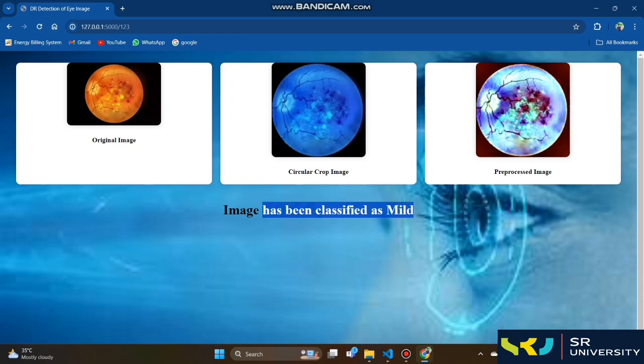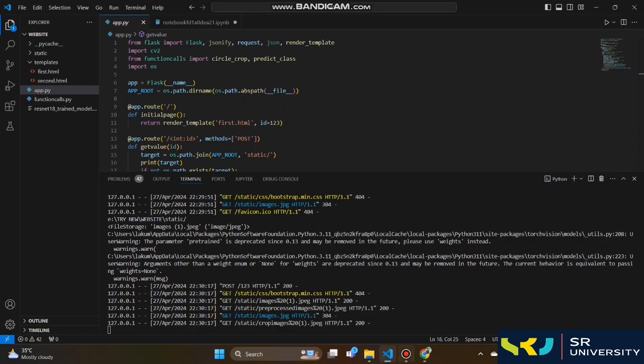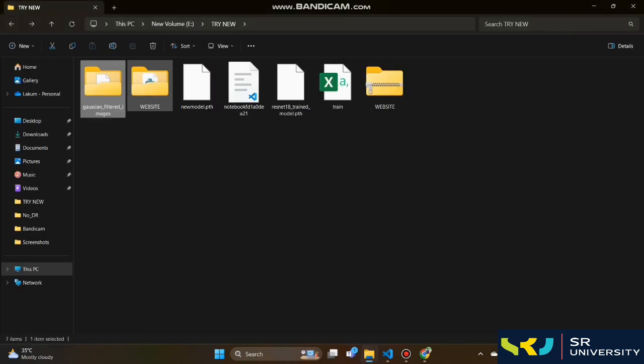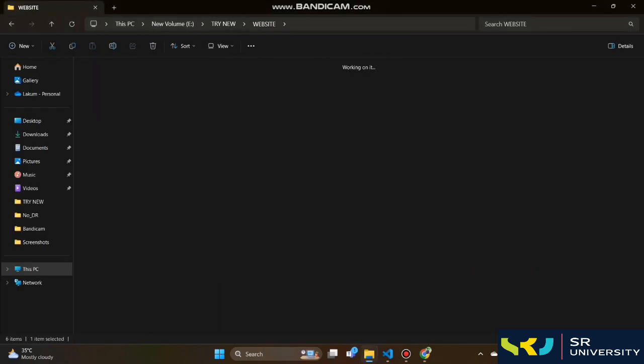The output is that the image has been classified as mild. All the images which we have given will be saved into this folder.